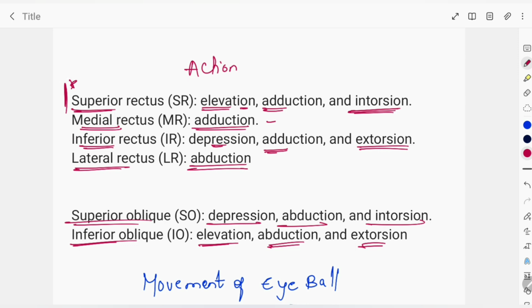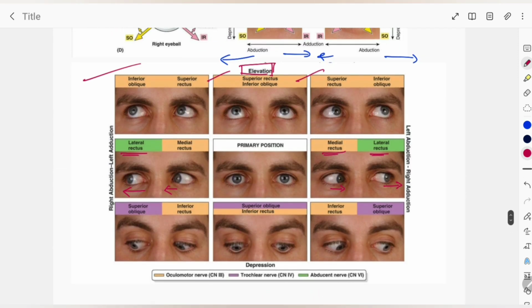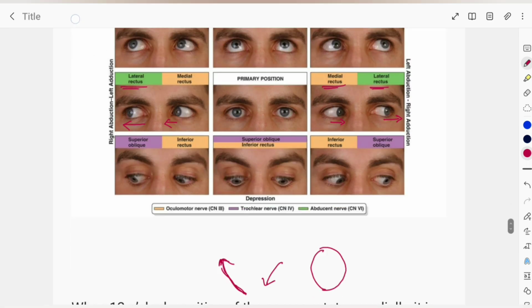Superior rectus is the muscle which helps in elevation. Whenever the concept of elevation is coming, superior rectus will come in the picture. So upward rotation or elevation, superior rectus is a muscle.